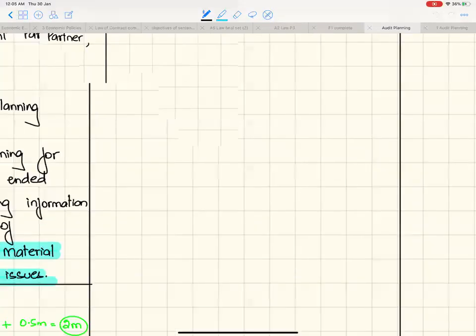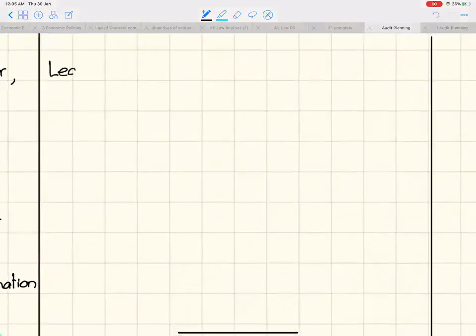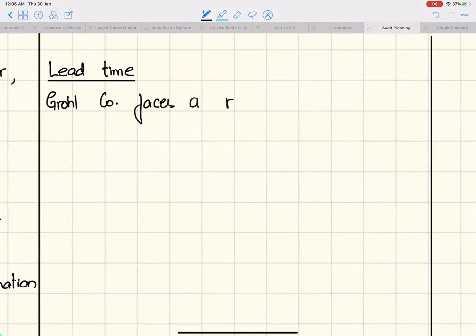As we are importing the raw material, so there is a risk of lead time. Now, please concentrate on the approach that how I write the risk. First of all, I will identify the risk. Grohol company faces a risk of production delays.